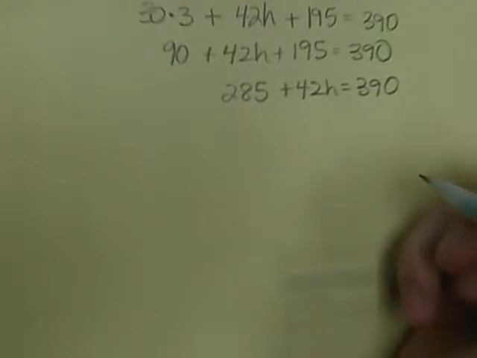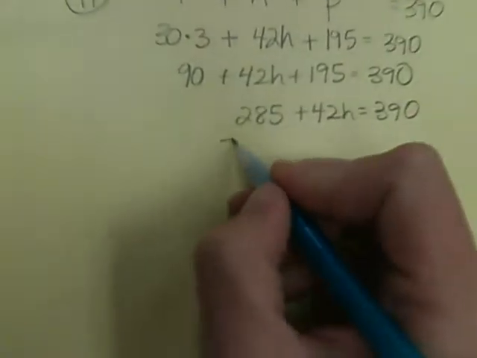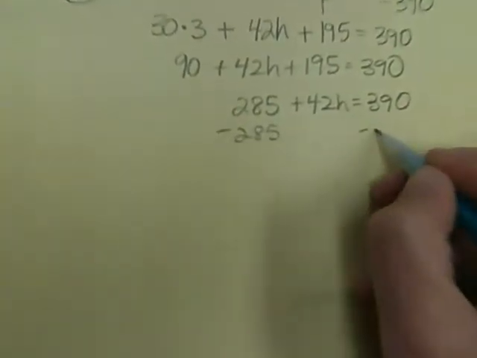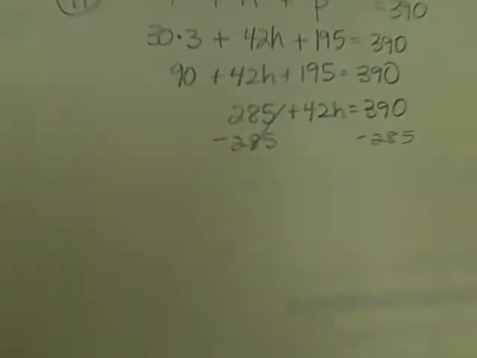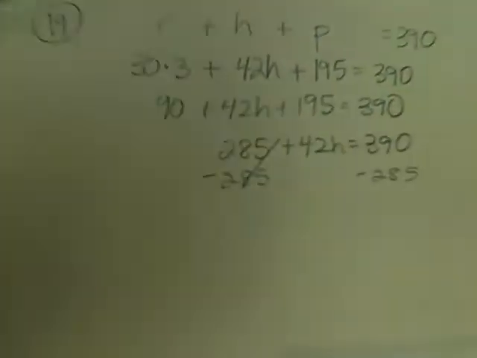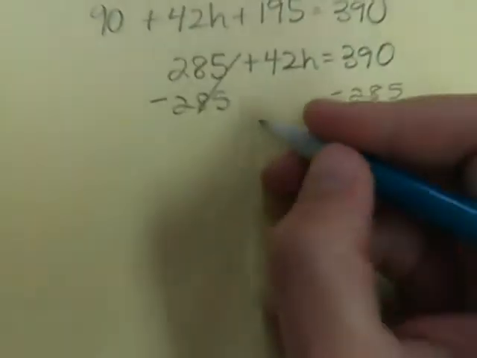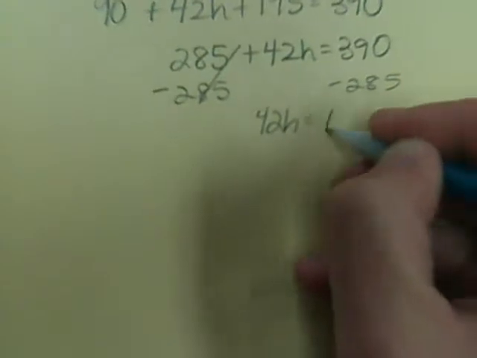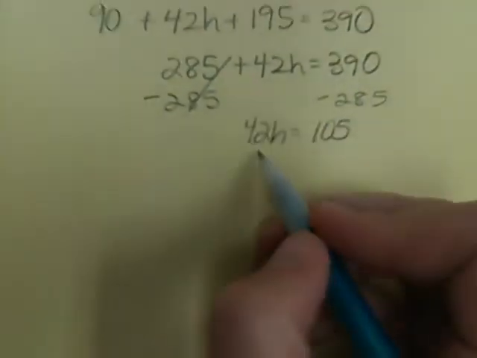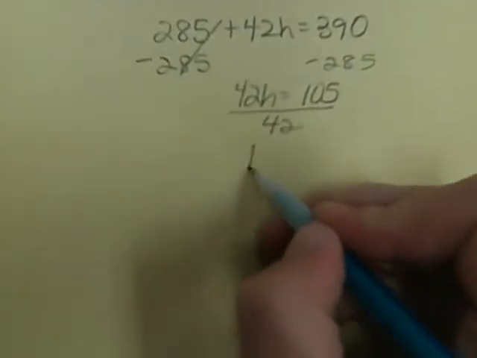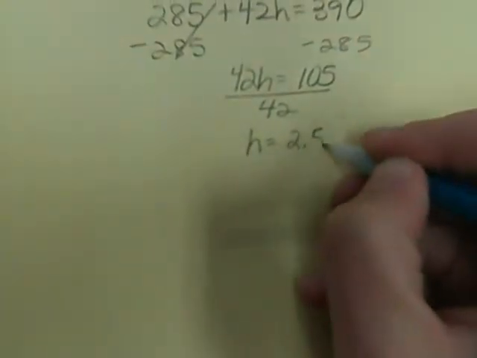My variable's already on the left, so I want to get my constant on the right. Which would give me, a little rusty in my mental math today, 105. Oh, goodness gracious, I should have known that. And then I need to divide to get rid of that coefficient, which gives me 2.5.